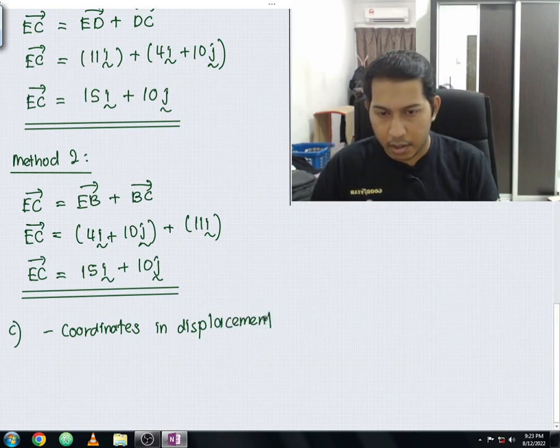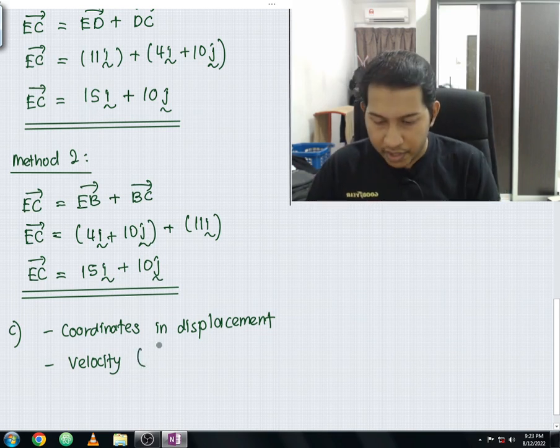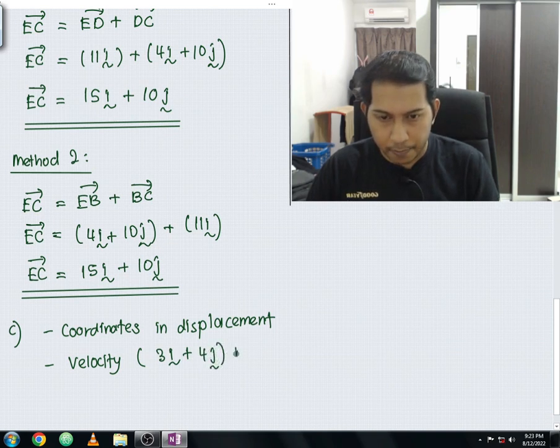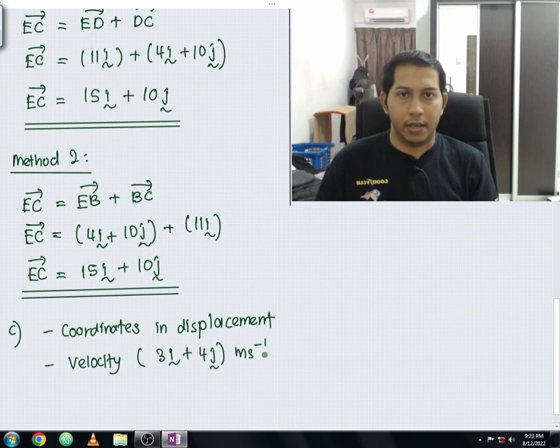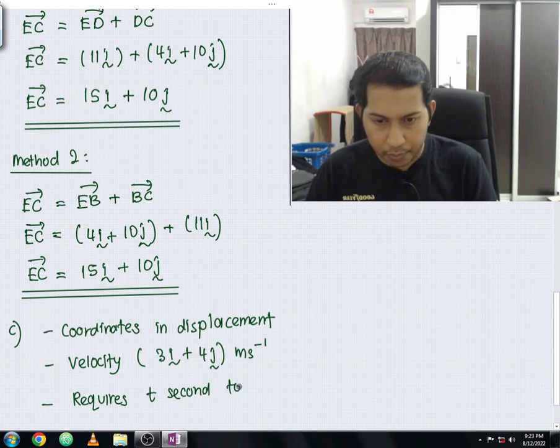The coordinates are in displacement, and they gave us the velocity in vector form, in this case 3i plus 4j meters per second. They also tell us it requires t seconds to reach the cone.